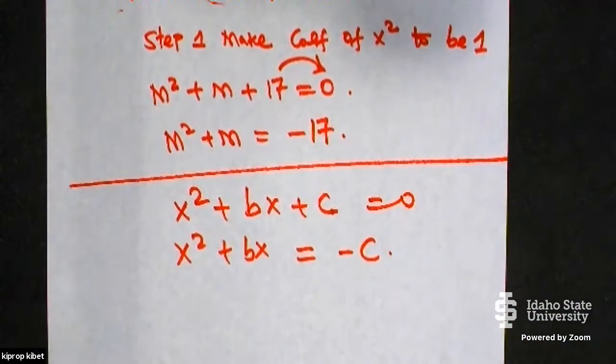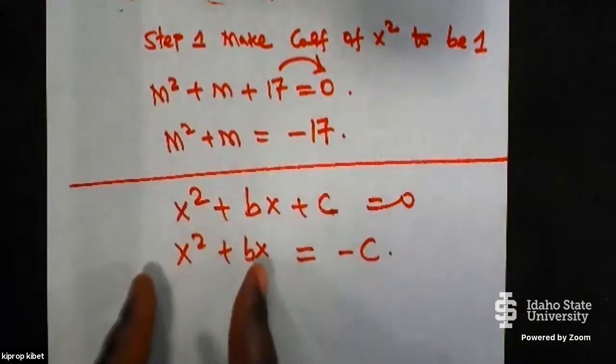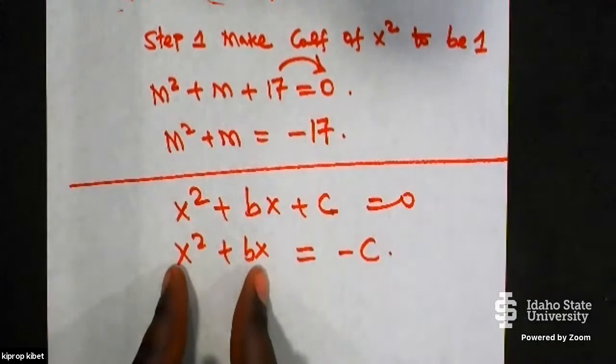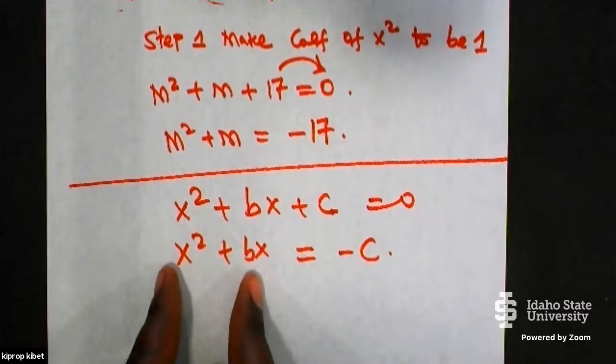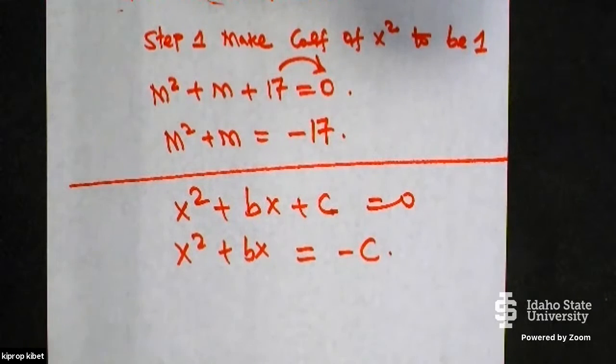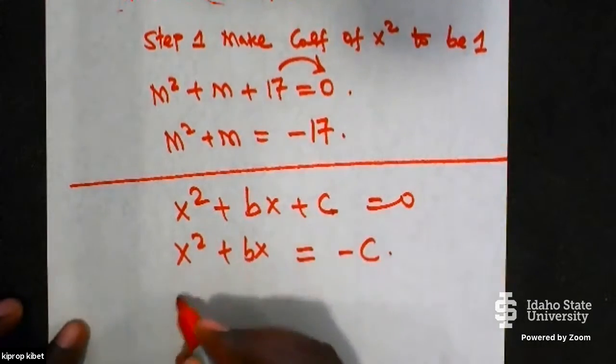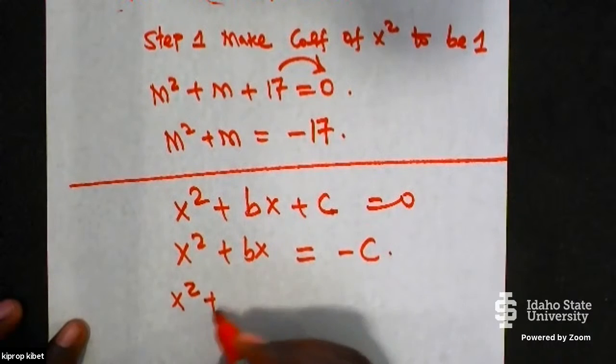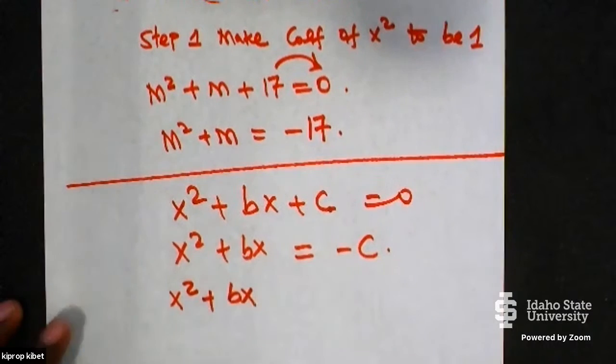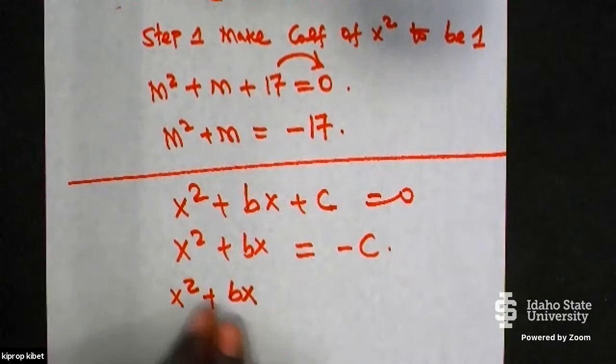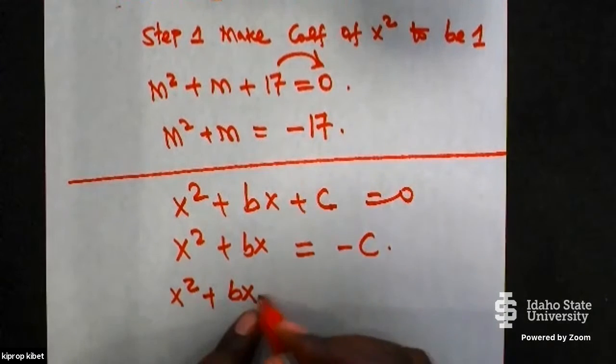Now, to complete our squares here, we have x squared plus bx, and then what are we doing here?